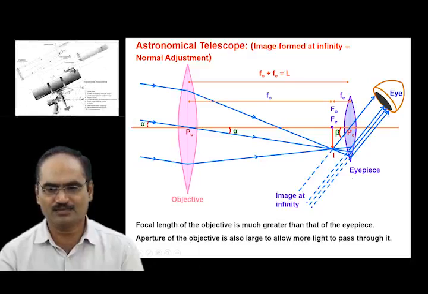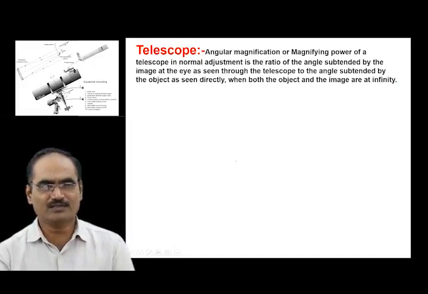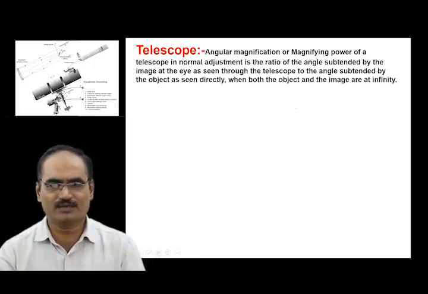And this eyepiece also forms an image at a distance only. Once you focus on Jupiter, the image forms at infinity only, far away from us, like this.